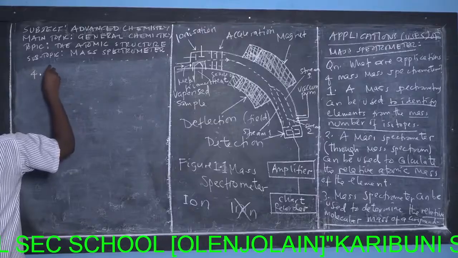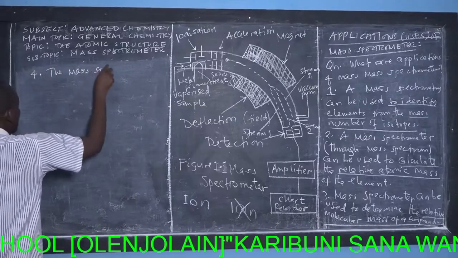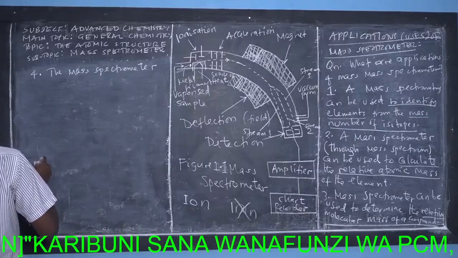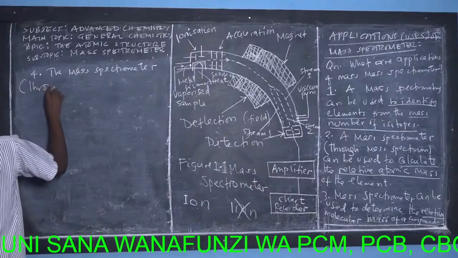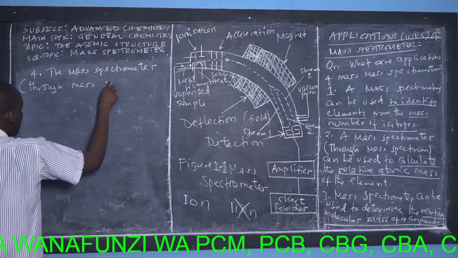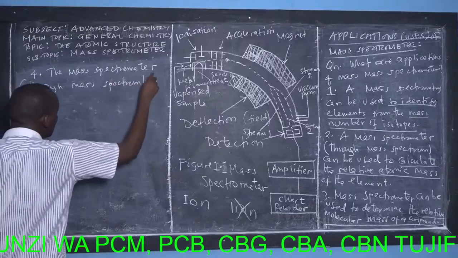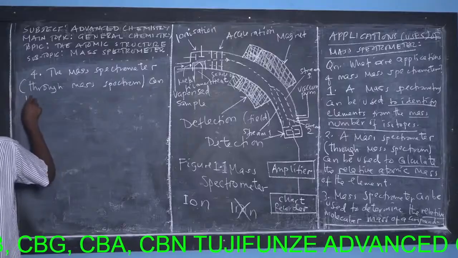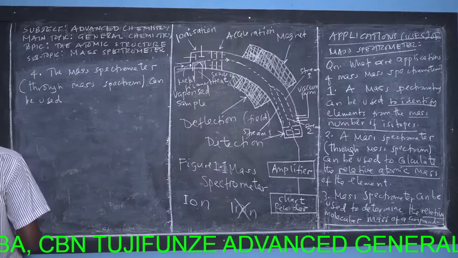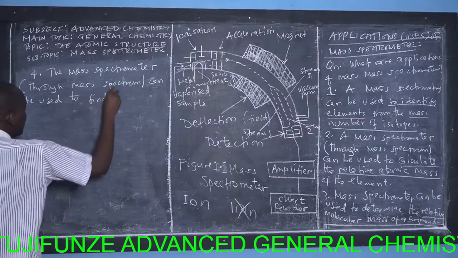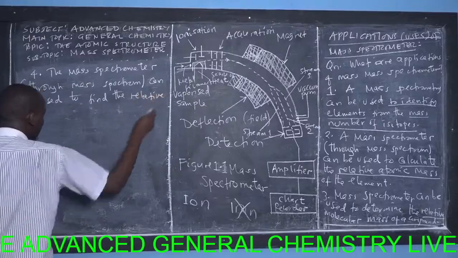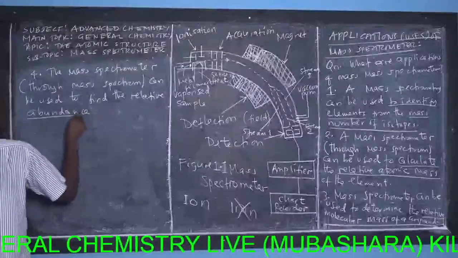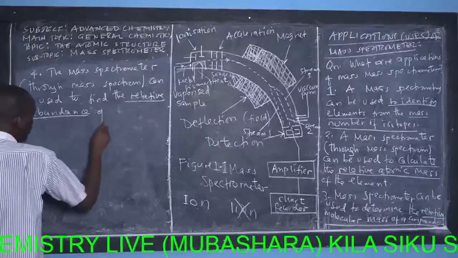The mass spectrometer, through the mass spectrum, again which I will teach you, can be used to find the relative abundance of isotopes.